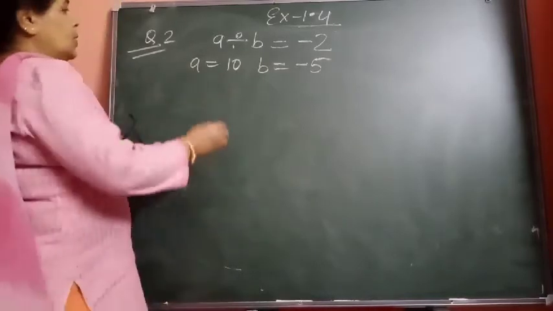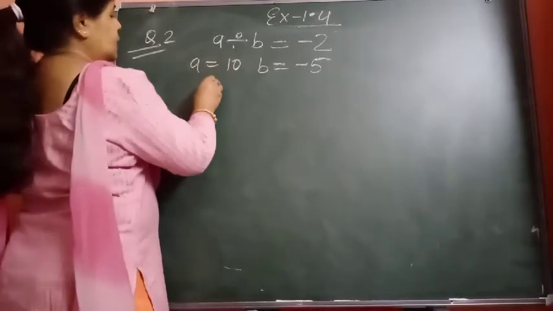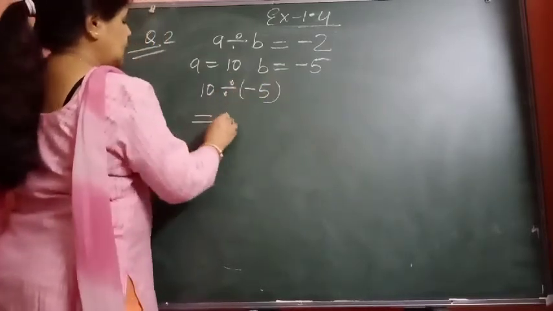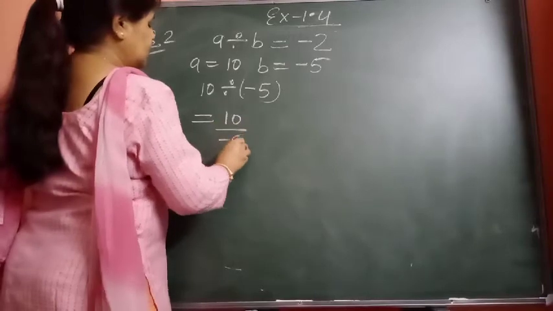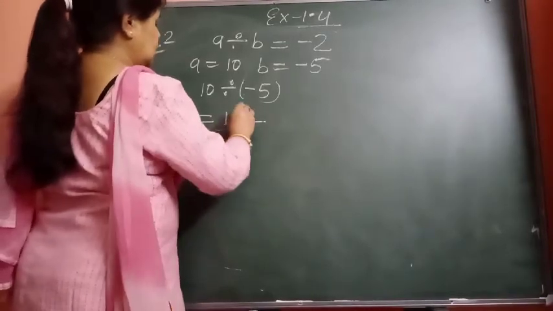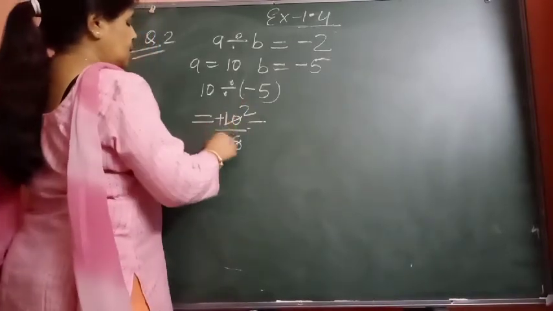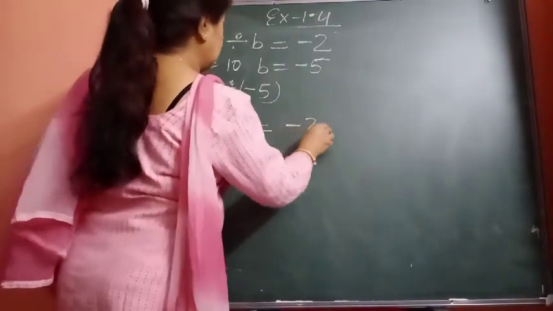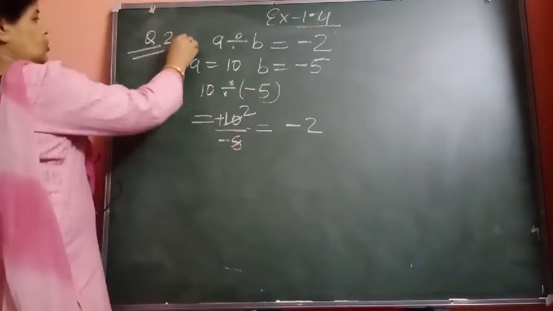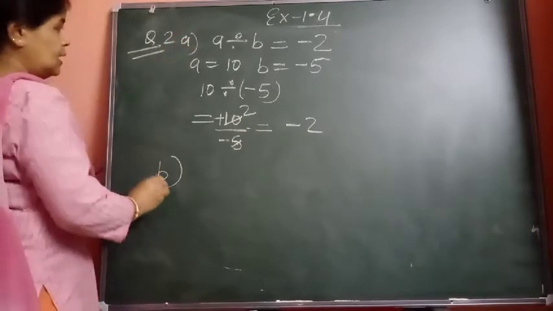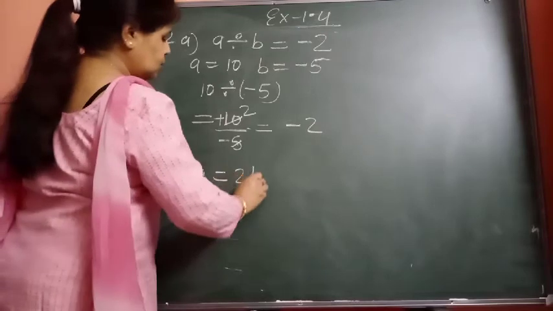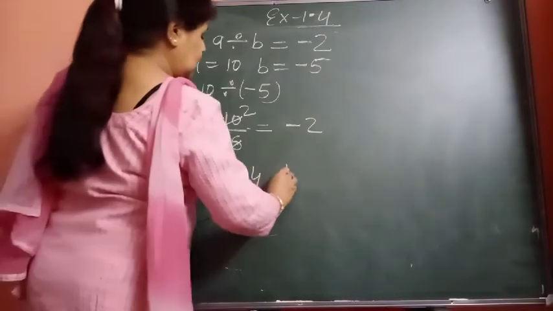See that now. I am dividing 10 divided by minus 5. What will it be? 10 upon minus 5. 5 2s are 10. What I told you, plus or minus always gives minus. So minus 2 will come. Okay, one more part I am taking. a is equal to minus 24 and b is equal to 12.